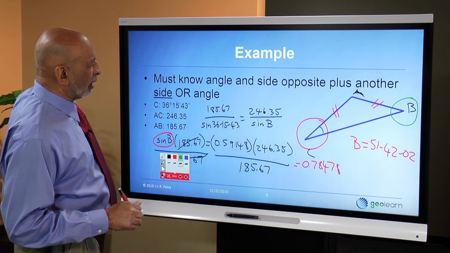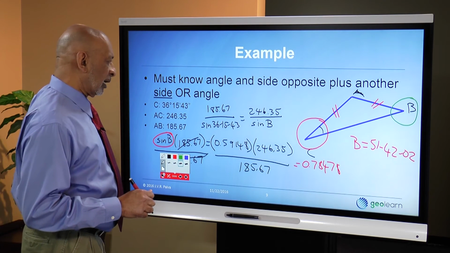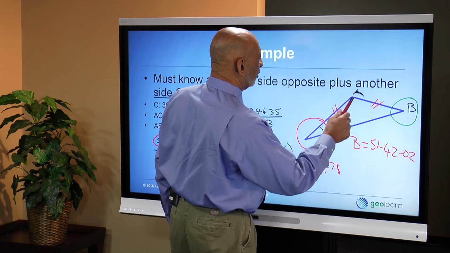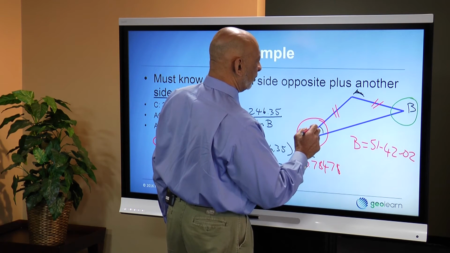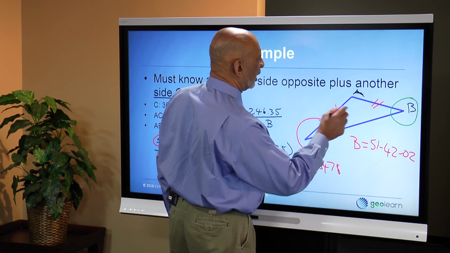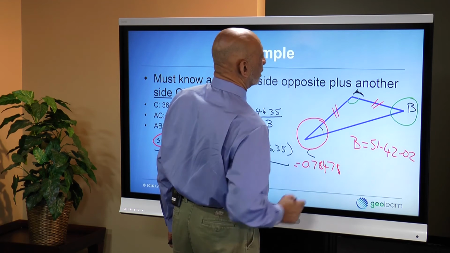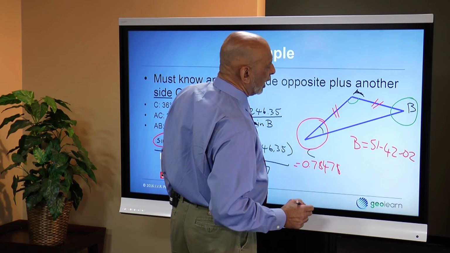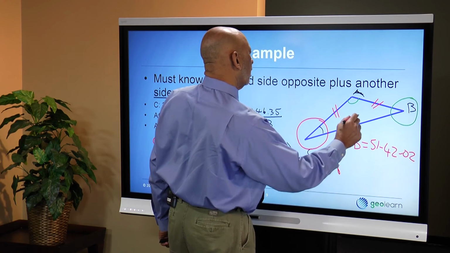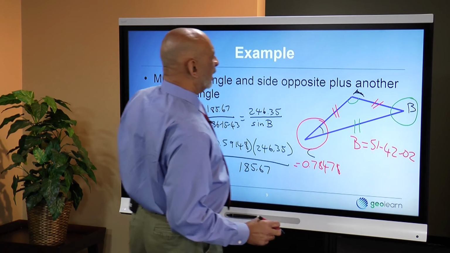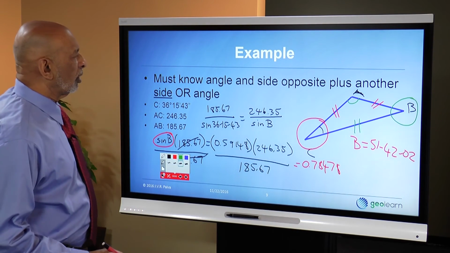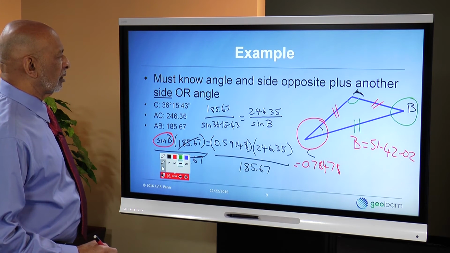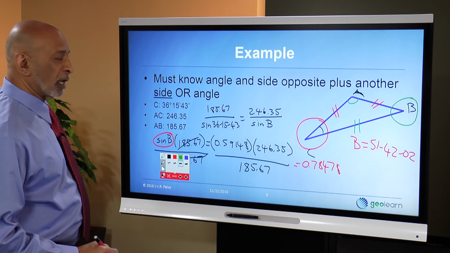One way you can do this would be to first add angle B and C together and subtract it from 180, so you can solve for angle A. Once you have angle A, you can use the law of sines again and solve for the unknown side BC over the sine of angle A, which you now know.